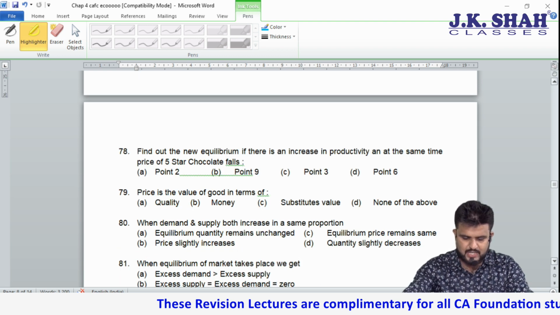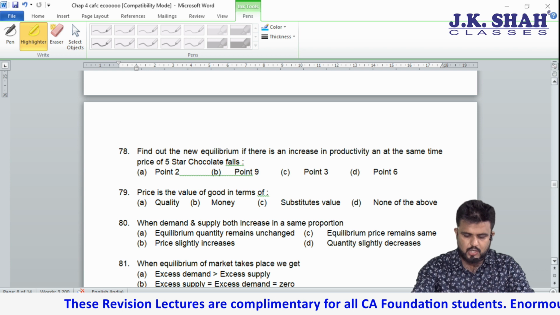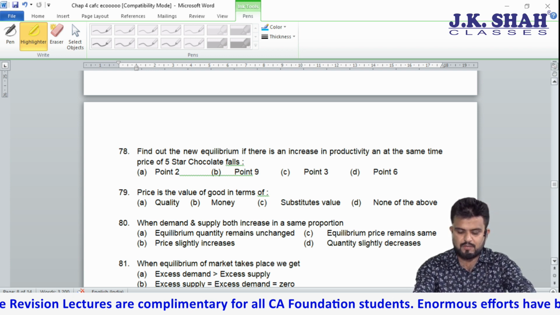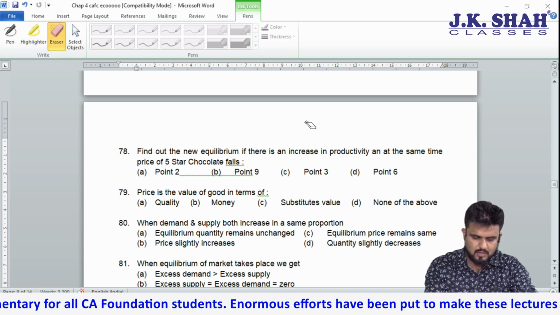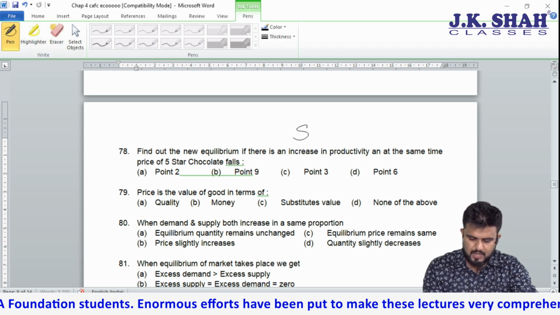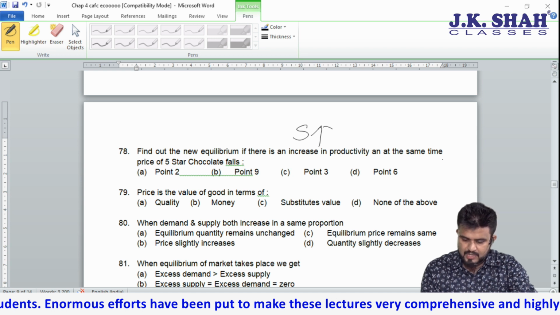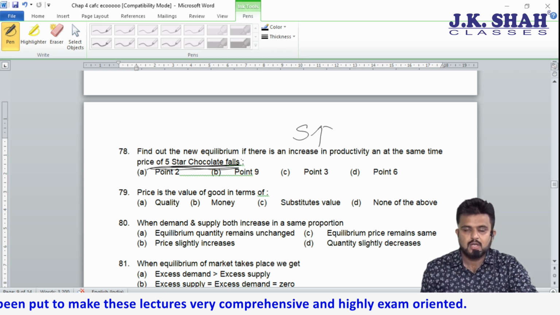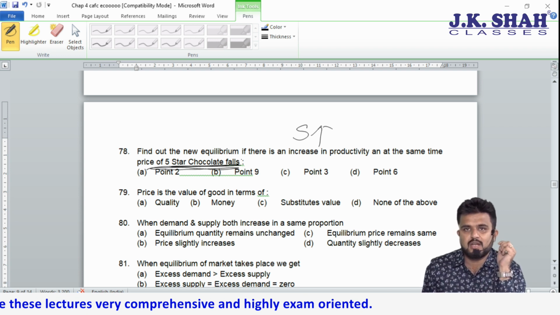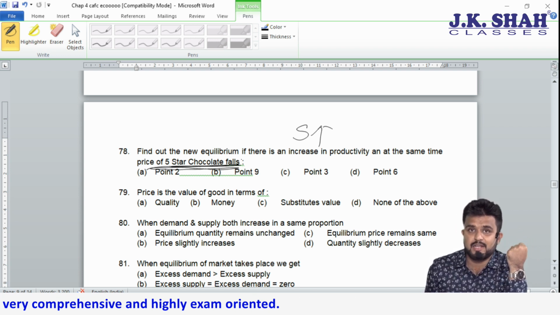Coming to 78 now. Find out the new equilibrium if there is increase in productivity. Increase in productivity means students, supply will increase, and at the same time price of 5-star chocolate falls. So can I say people may buy more 5-star? So demand for Perk may decrease.